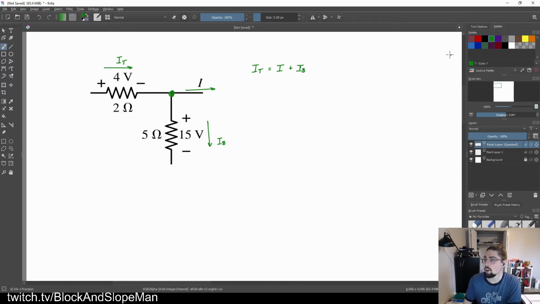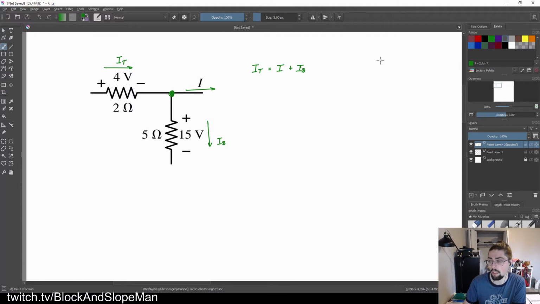Now that I've got that, I'm looking for I. If I could find that, that'd be fantastic, but I don't have everything yet. I need to find I of t and I of b first. I know what the potential difference is, and I know what the resistance is, so I have enough information to find the current through each resistor.